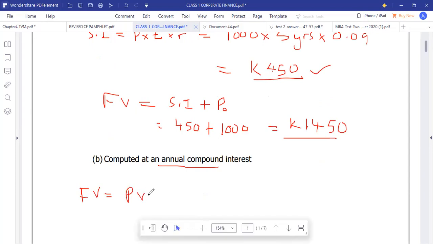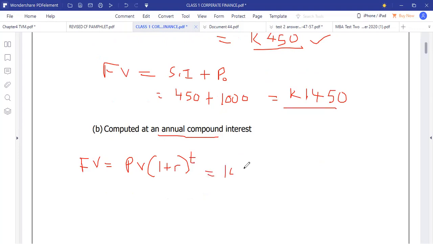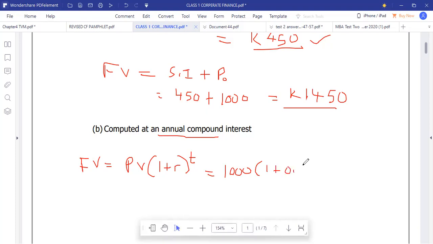Future value is equal to present value times 1 plus R to the power T. So 1,000, what is our interest rate? 9%, 0.09. And what is the time? 5 years.